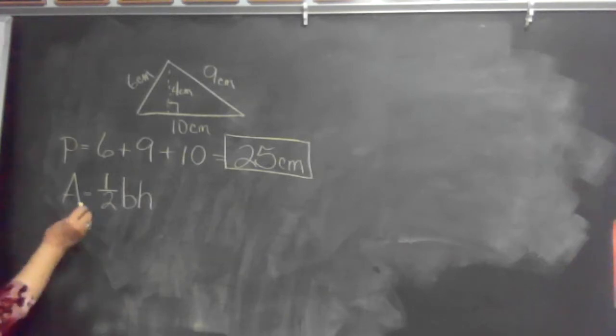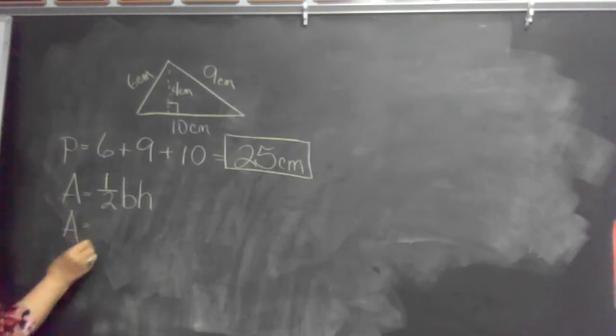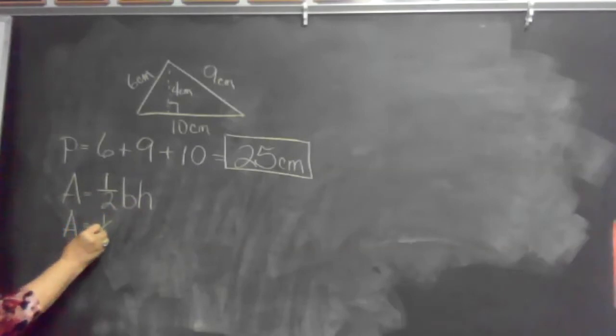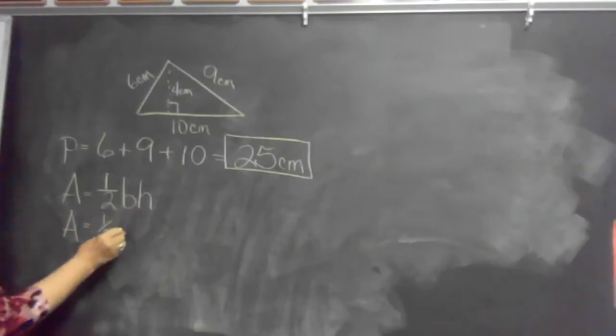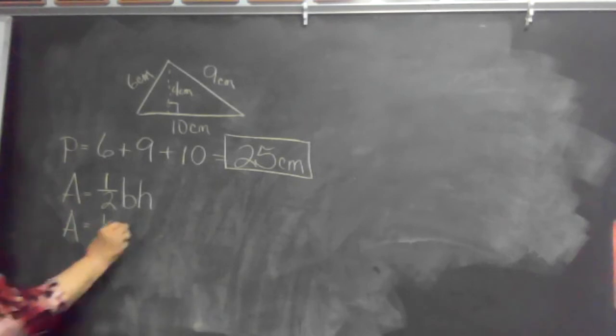Okay, since we're trying to find the area, we're going to write everything down that we know. Of course, we know the 1/2 because that's part of the problem. What am I going to use for the base? The 4 centimeter? The base? Base is what you think it'd be, the bottom. Oh, the 10. 10.